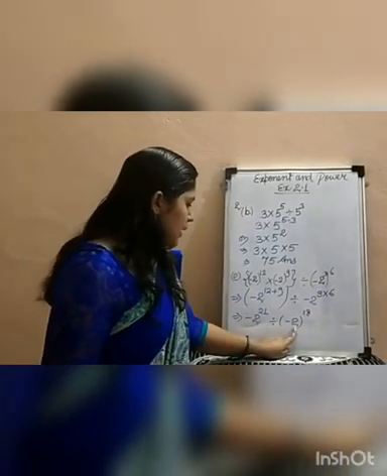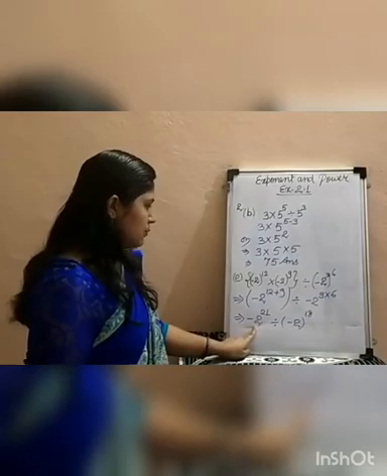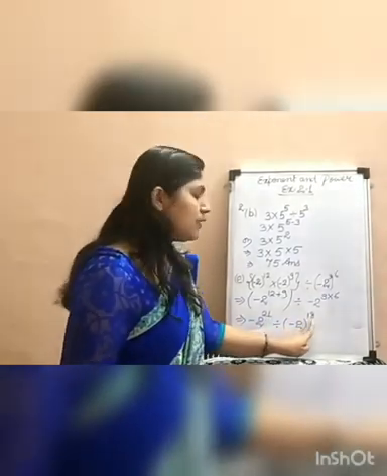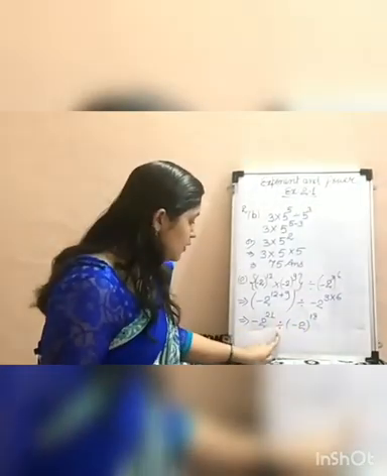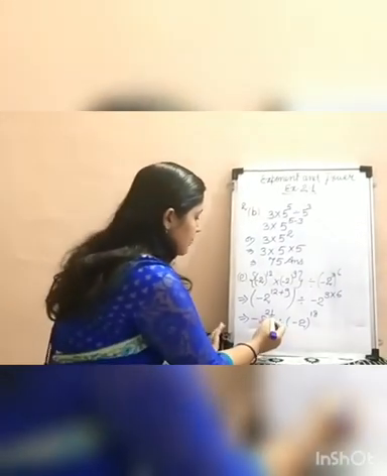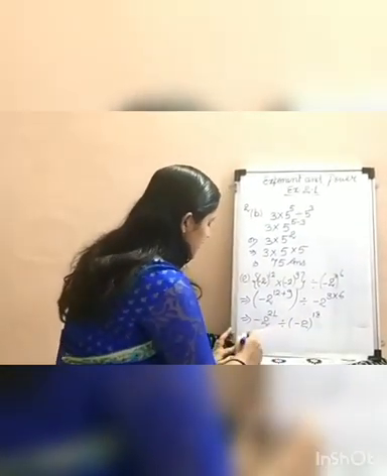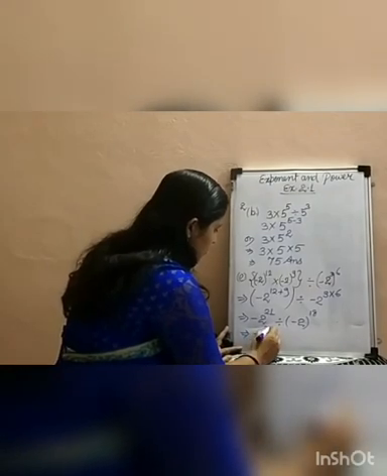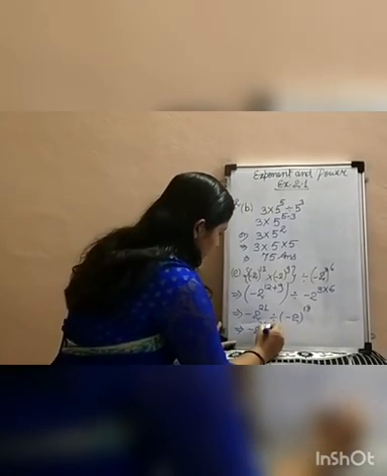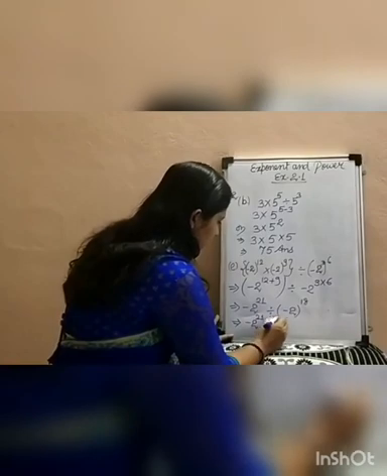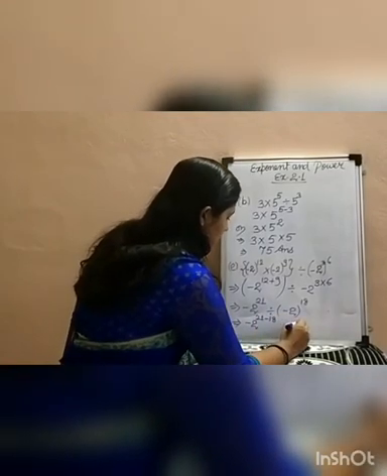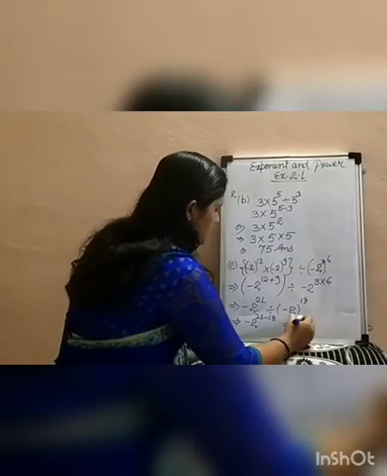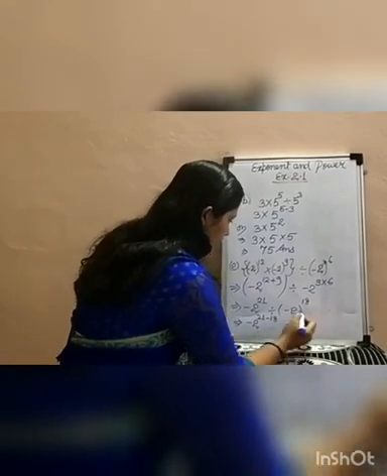Now the bases are the same, minus 2 is here, minus 2 is here, but the exponents here are 21 and 18, and here is the sign of division. So we will subtract 21 and 18. Minus 2 raised to the power 21 minus 18. It means minus 2 to the power 3.